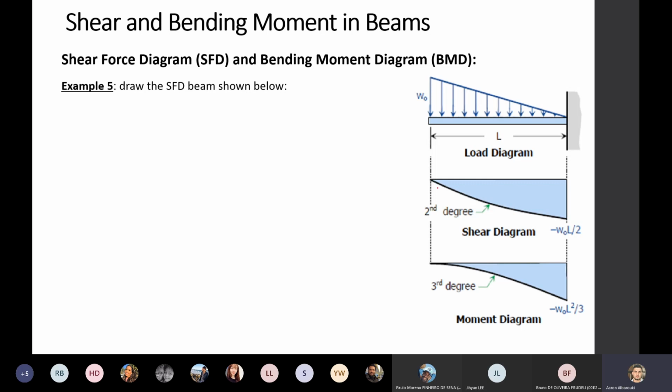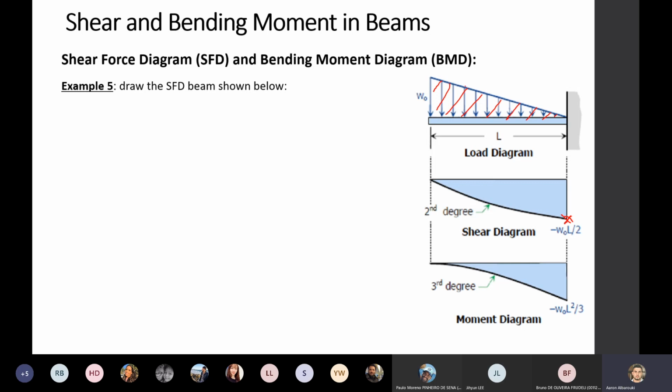Now, how much is the value here? That's the question you may ask. I know the shape, I know exactly what it looks like, but I need to know how much I need to go down. Again, from the rules of integration, it's the area underneath this triangle. The same as what we've done for UDL, where we calculated the area underneath the rectangle.